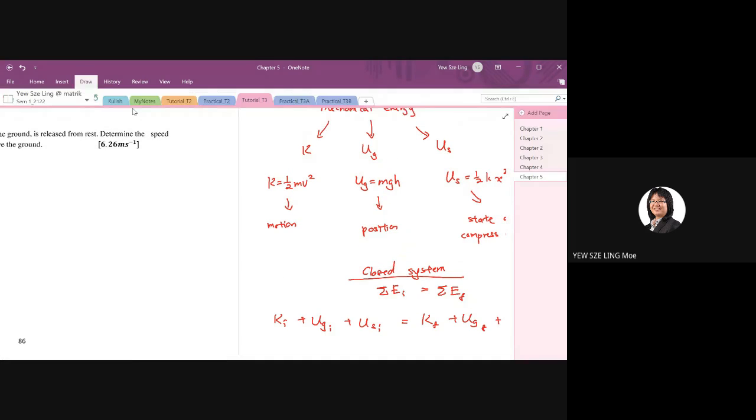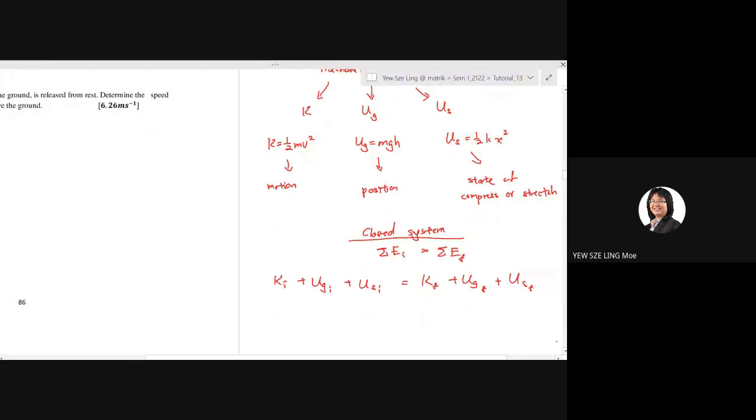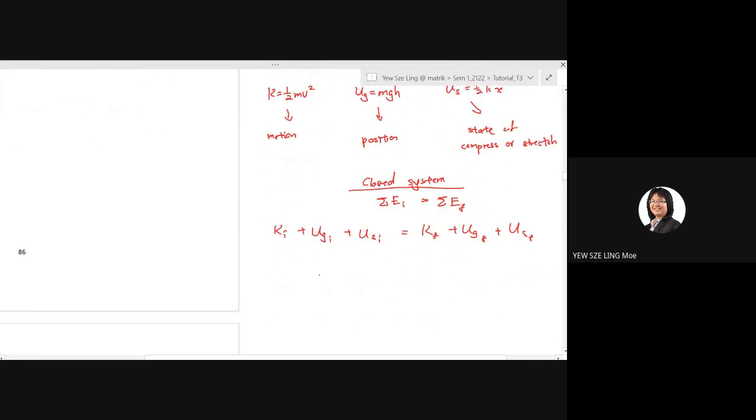And then what else do we have? Now, if your object experiences energy loss, sometimes you have a frictional force, you have an external factor, it is being affected by an external factor, then it comes with energy loss. So if it comes with energy loss, then you need to modify the equation a little bit by using summation E initial plus energy loss equals summation E final.